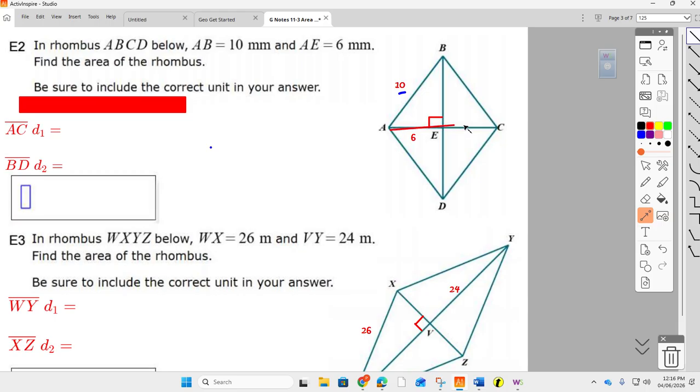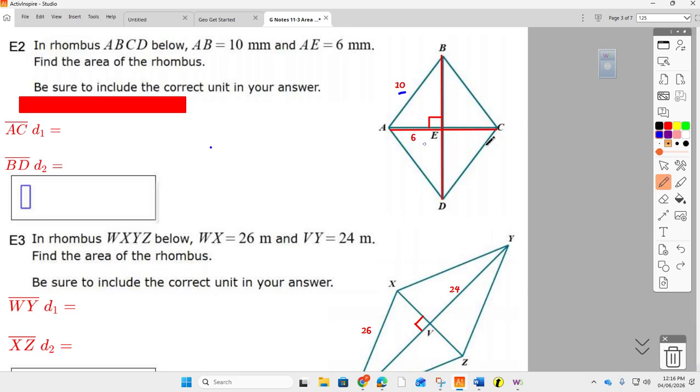Hopefully you recognize that AC is a diagonal and BD is a diagonal. Can we determine the length of AC based on the given information? How long is AC going to be? 12, right? So if it's bisected, if this is 6 and this is 6, now we know that's going to be 12. Actually, let's put 2 times 6 there to make it a little clearer.